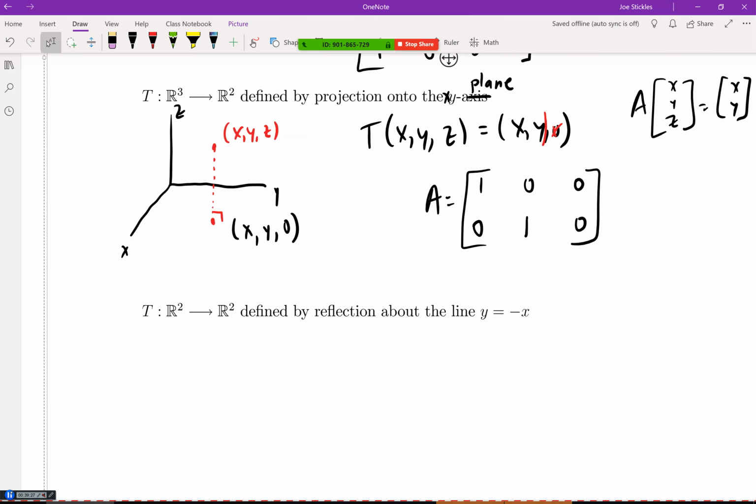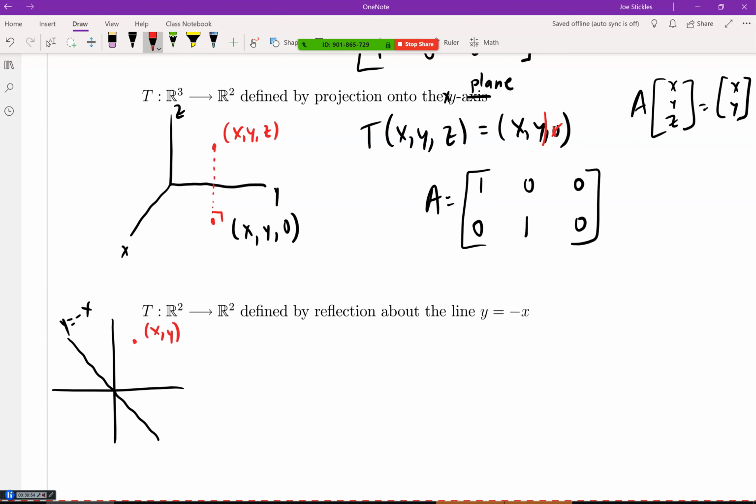All right, one more geometric one here. Reflection about the line y equals negative x. I've got to draw my picture pretty carefully here. Here is your y equals negative x line, and here's my point xy.